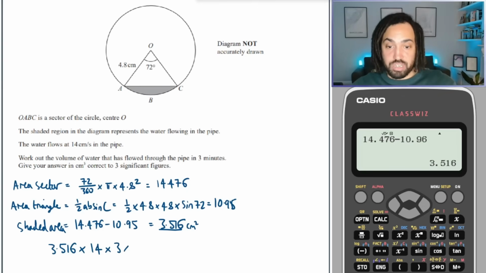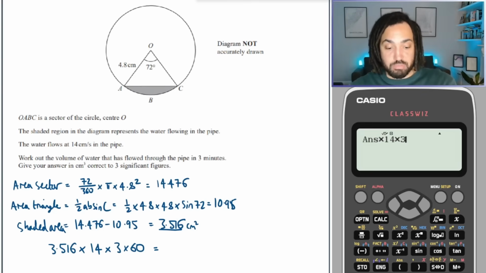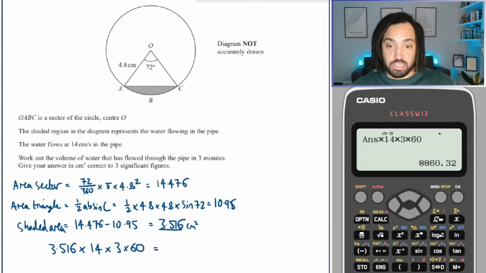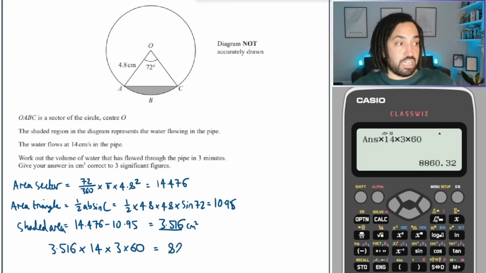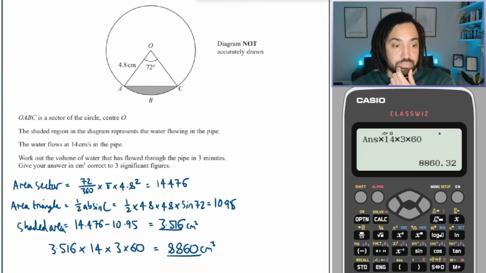So that's 3 times 60 seconds per minute. Multiplying all that together should give us our answer. So times by 14 times by 3 times by 60, and that gives me 8,860 to 3 significant figures, centimeters cubed.